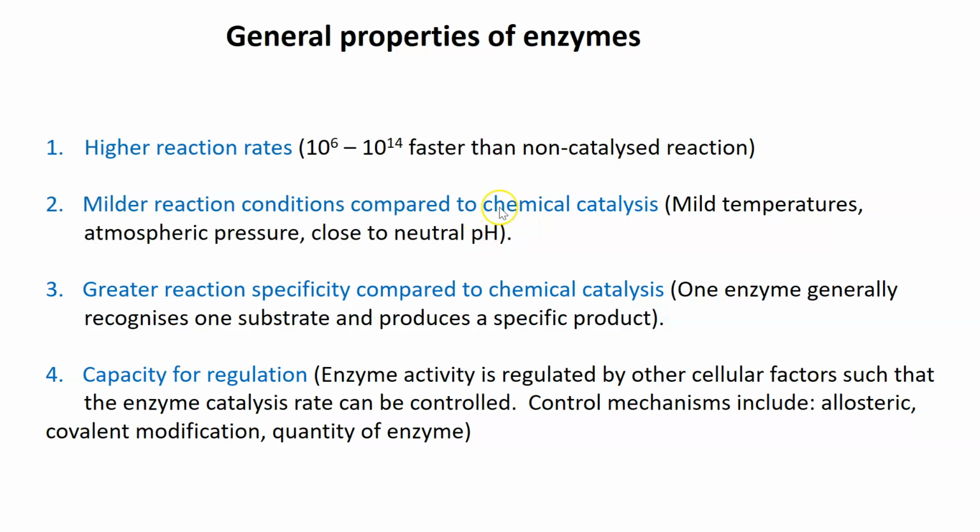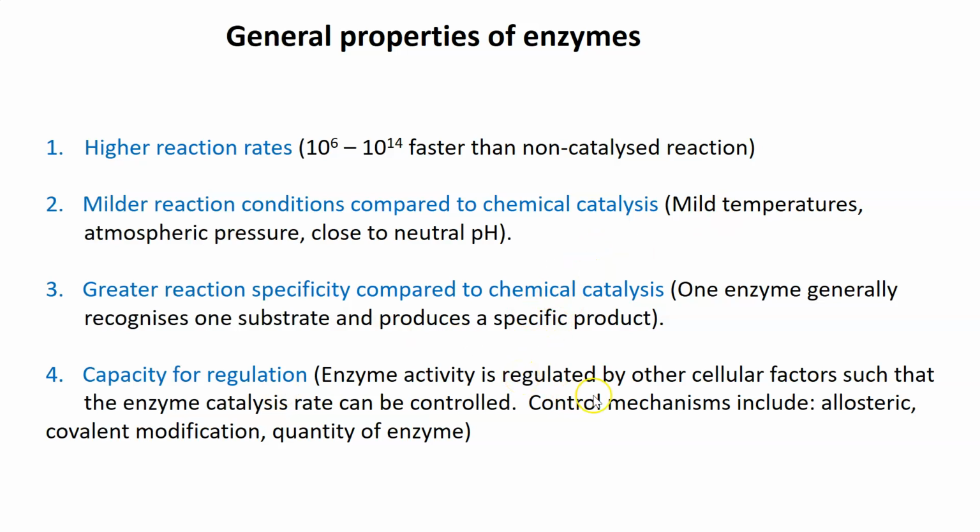So there are these industrial catalytic processes. But when it comes to our enzymes, there's a much greater variety in the ways we can regulate this catalysis. The capacity for regulation is much more varied.